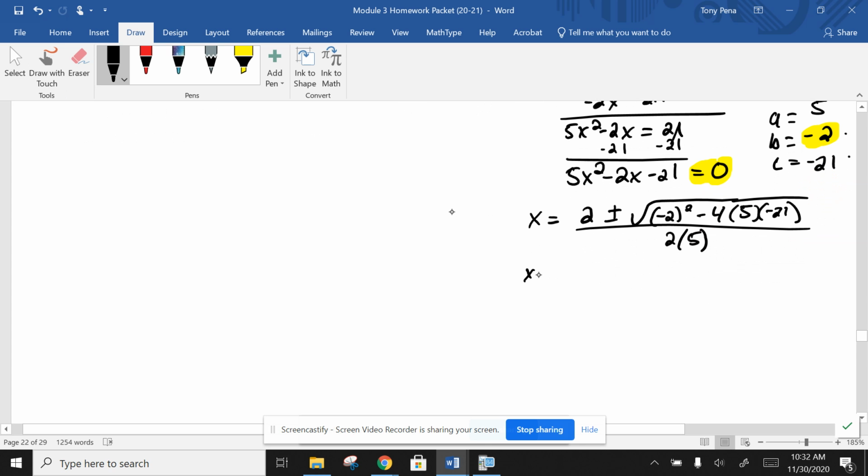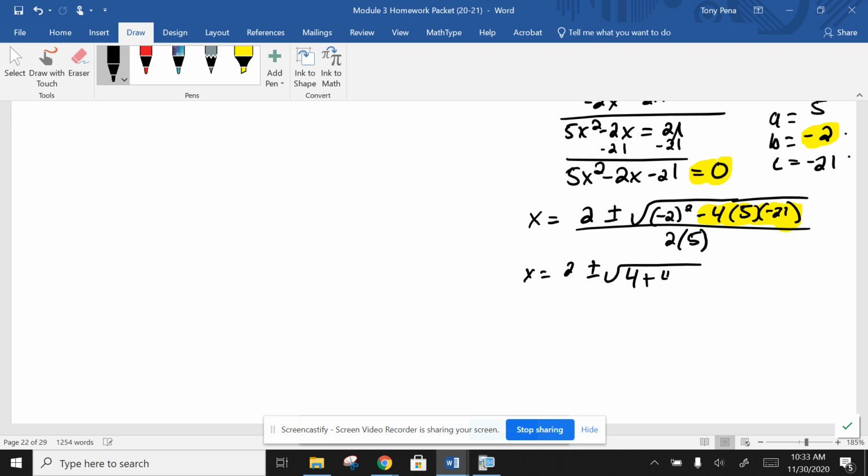All right, so the next step, we do 2 plus or minus. Negative 2 squared should be a positive 4. Then the negative 4 and 5 make a negative 20. And then I'm going to take a negative 20 and multiply it by negative 21. So what is that? 420?